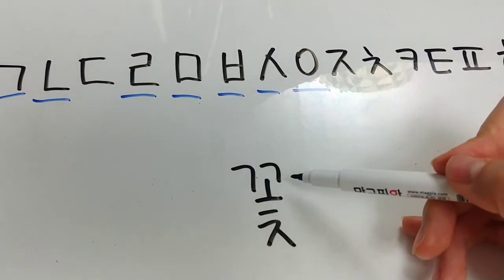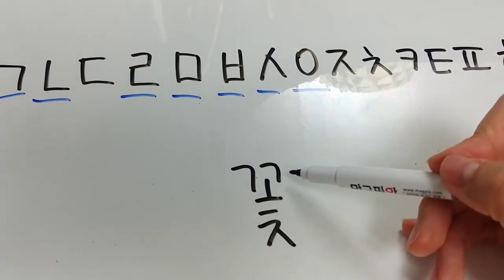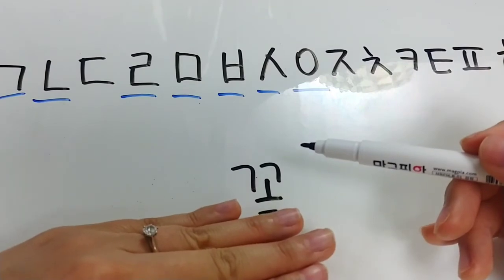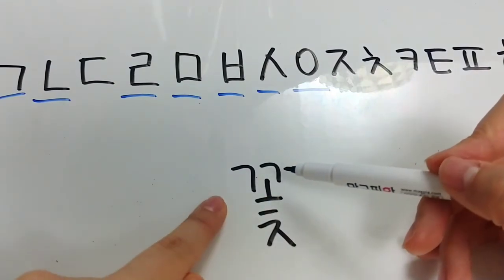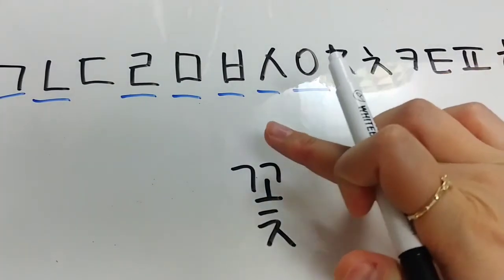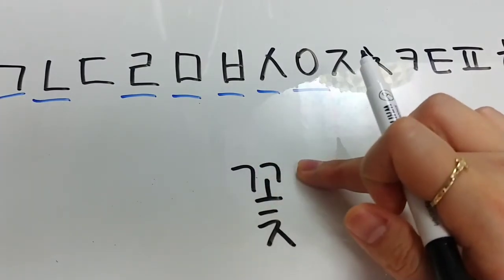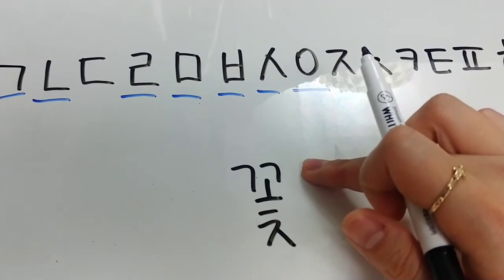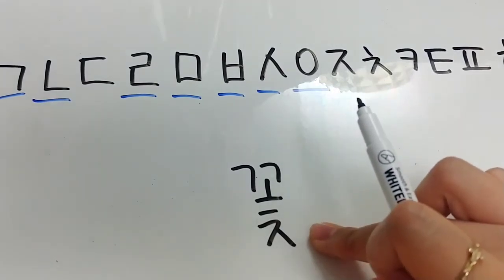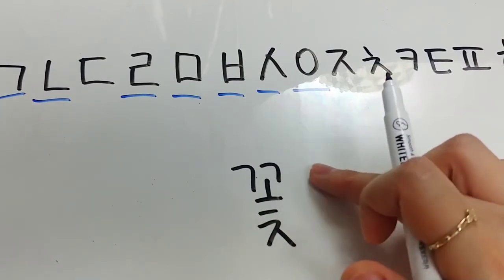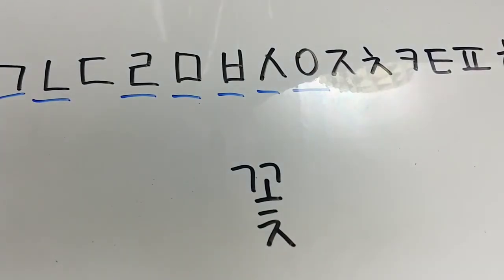Yeah, this is the double consonant, 쌍자음. So you can read this 꼬. Just one consonant might be 고, but this is a double consonant. And the 치읒 is for the 받침, so 꽃. And 꽃 means flower.